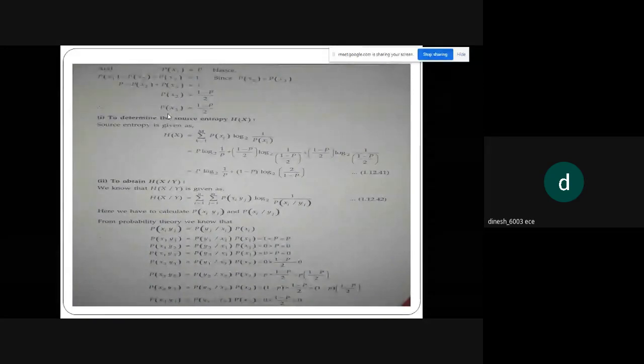Now, we are going to determine the source entropy. We know the formula for source entropy.